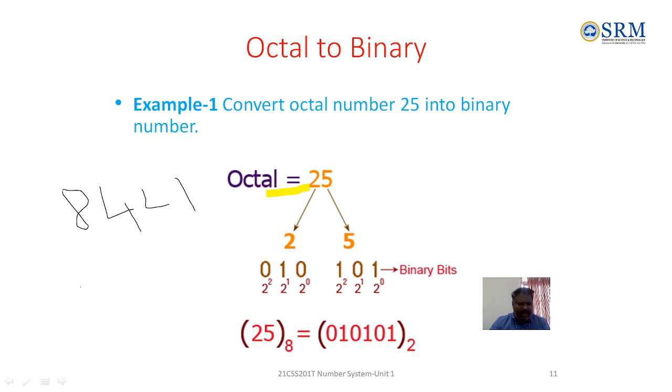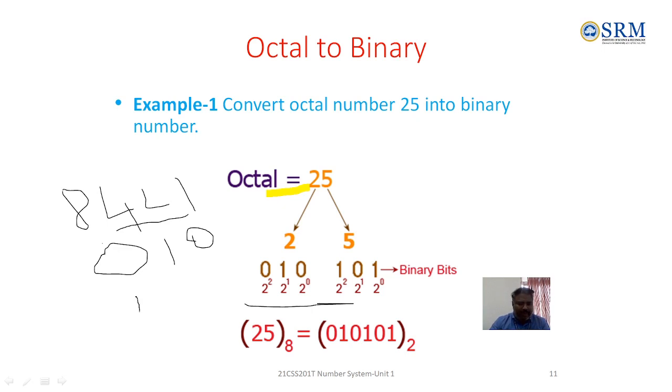In octal we want to choose only three numbers, so 0, 1, 0. These three numbers we take for octal. 1 we don't need, 2 we enable, so 1, and 4 is not needed, so 0. That's why we wrote 0, 1, 0.